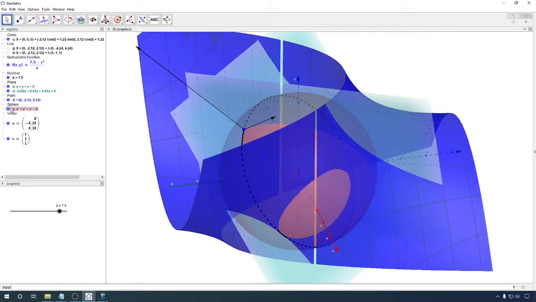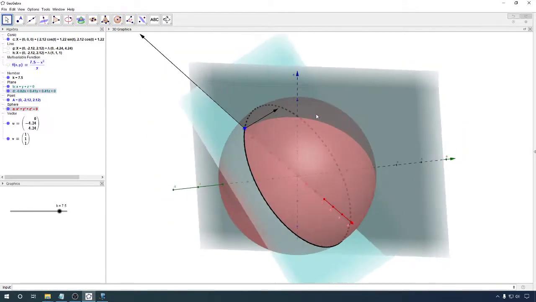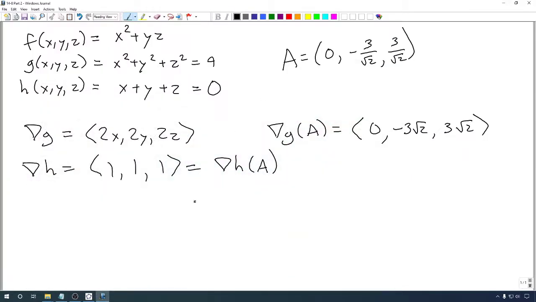Well, how do we determine whether things are in a plane if we're given two vectors? Well, we look at what we call a linear combination. We're basically trying to see, is there some combination of gradient of g and gradient of h. Any scalar multiple of gradient of g, we'll use a lambda there.